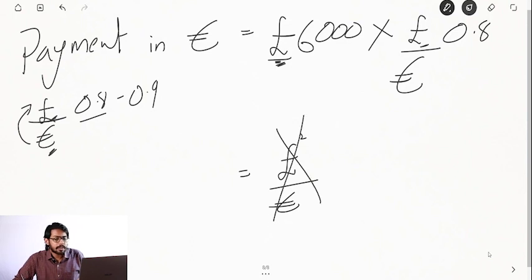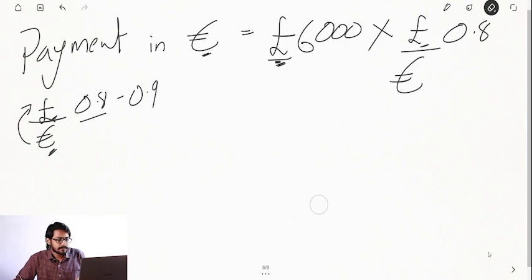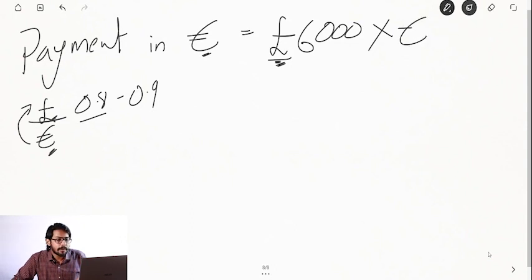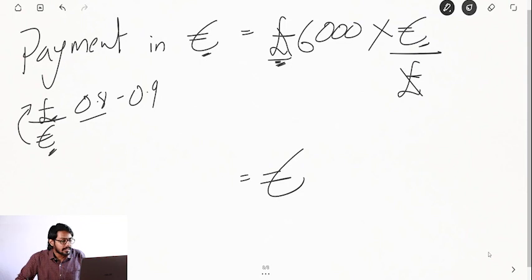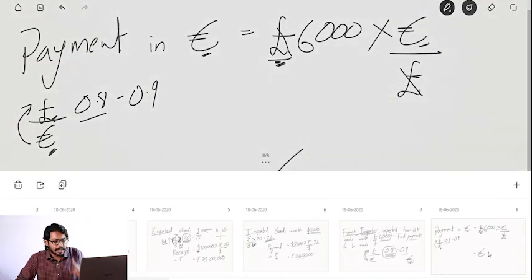This is not the answer you want. You want the answer in euro. Now let's try the other way, multiplying with euro by pound. Now pound and pound get cancelled. Euro comes in the numerator. Your final answer will be euro. If you have noticed in the previous question, we have done that. That's why I told you to write the symbol.